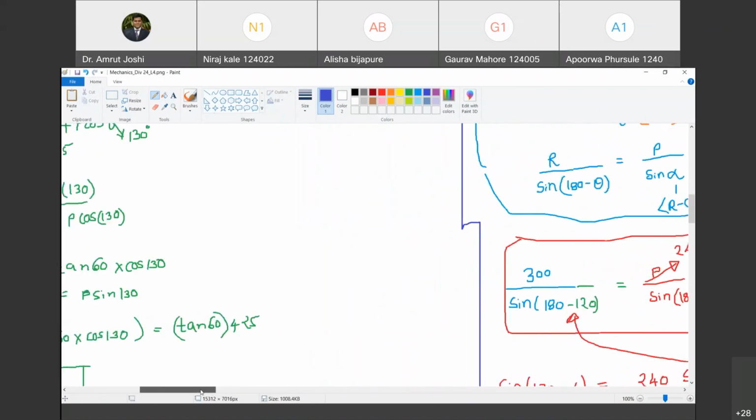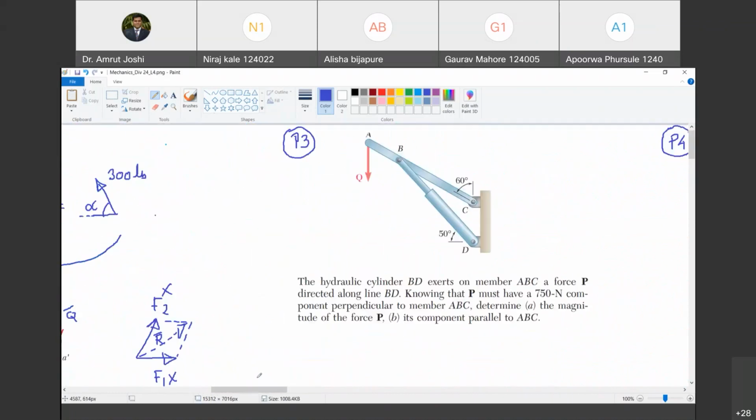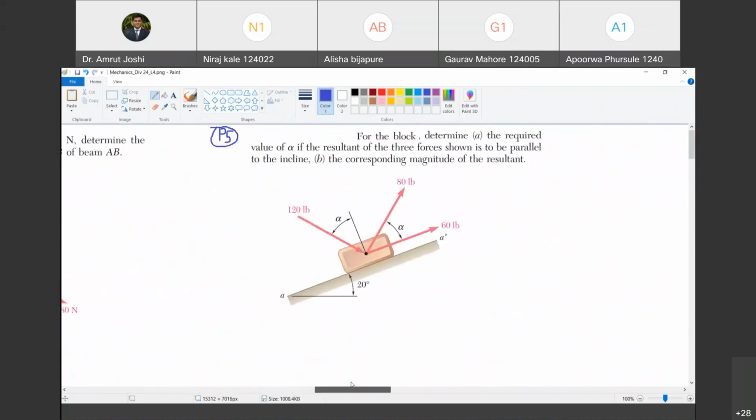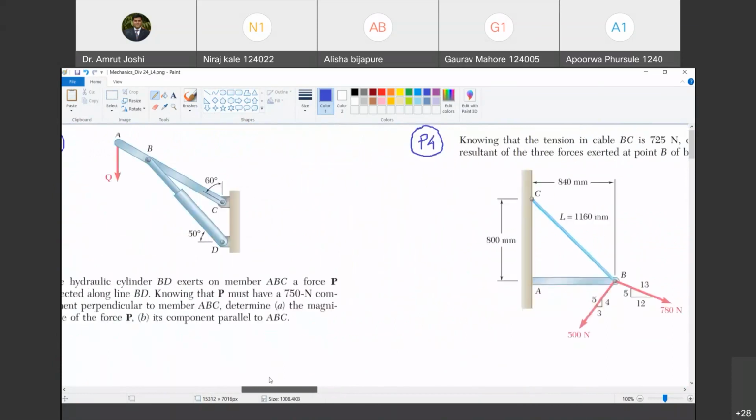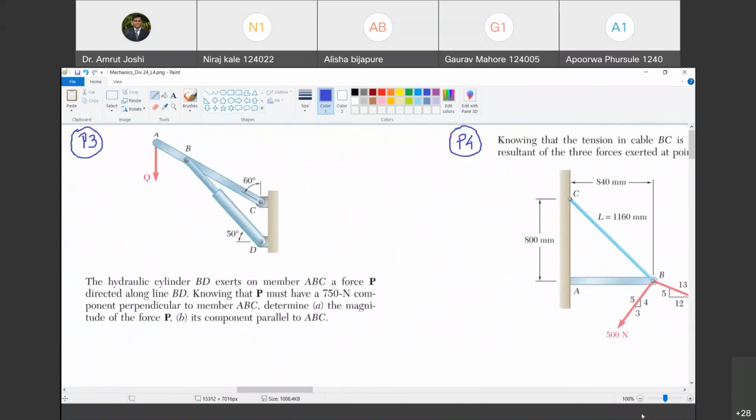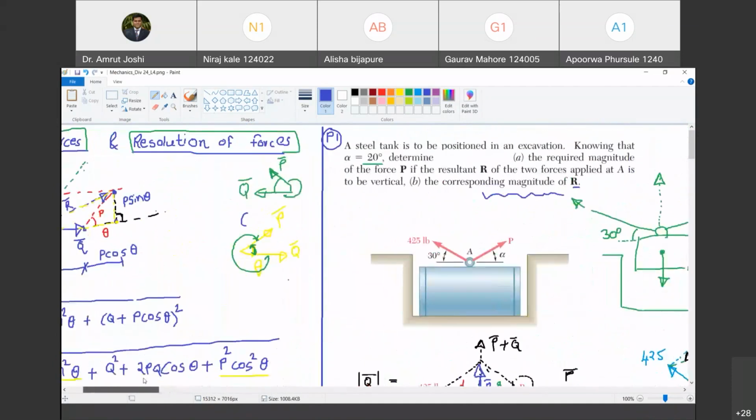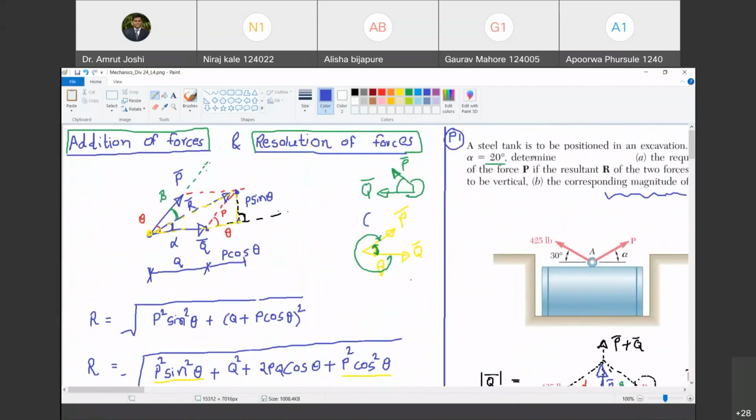Fine. So having said that, now we have three problems in line that we have to solve based on this rectangular resolution of the forces. But we will also solve the problems which we have solved earlier using another alternate method of rectangular resolution. Are you with me?